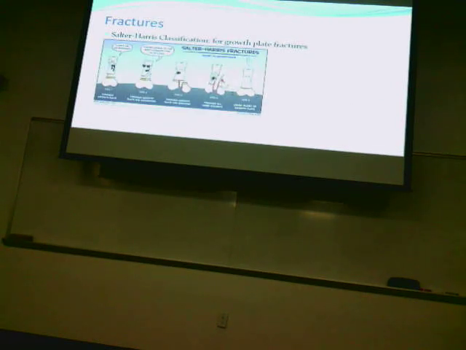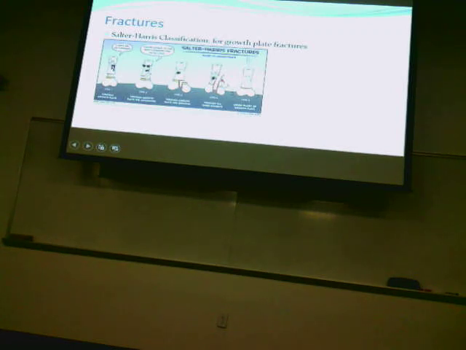Okay, fractures. We're going to cover this more in the ortho section, but be familiar with the Salter-Harris classification for fractures. They have the mnemonic where you just spell out SALTR. Your type 1 is just going to be through the growth plate. Your type 2, the A, is going to be above the growth plate.